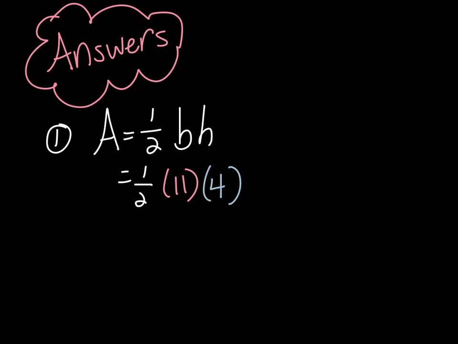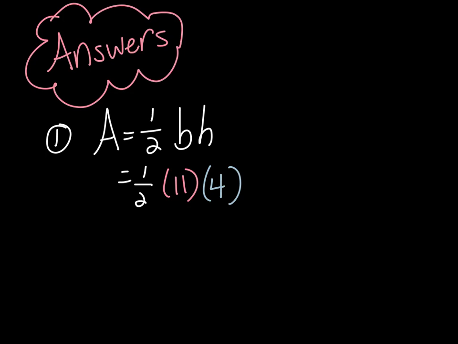For this first on your own answer, again, I want to demonstrate how you can use those properties. So we know we're going to use the formula area equals 1/2 base times height. And in this case, the base was 11 and the height was 4. And again, last time we decided taking half of 11, or that first number, would have gotten us a fraction or a decimal.